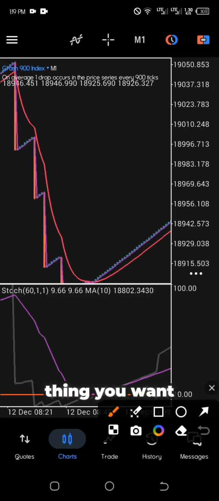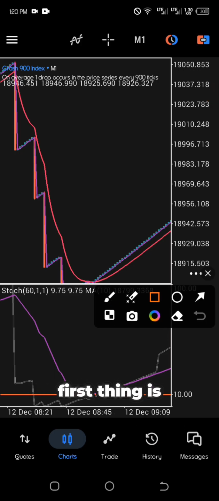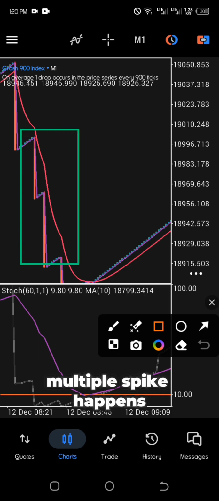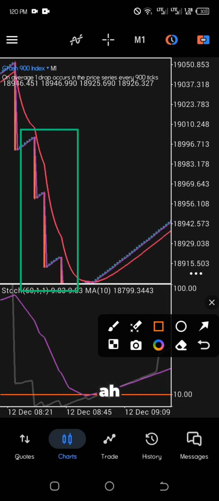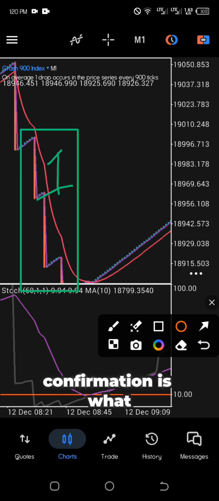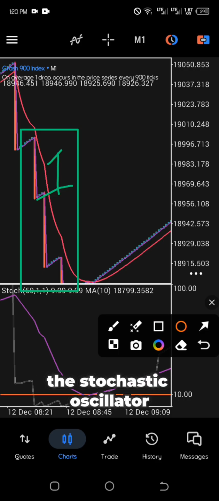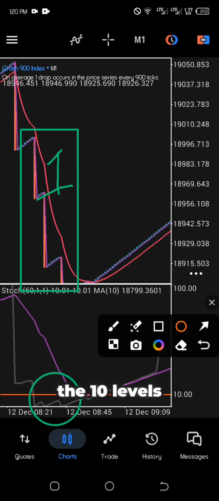Now the first thing you want to see is, can you see a spike? Yes, you can see multiple spikes here in the chart, which is the first confirmation we need for this strategy. Now the second confirmation is the stochastic oscillator is below the 10 level, right here.